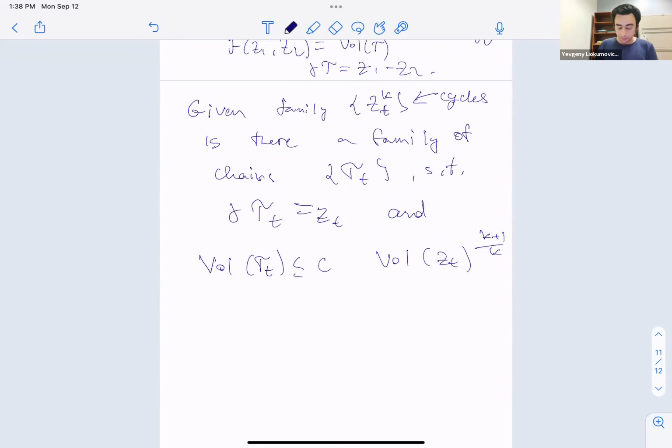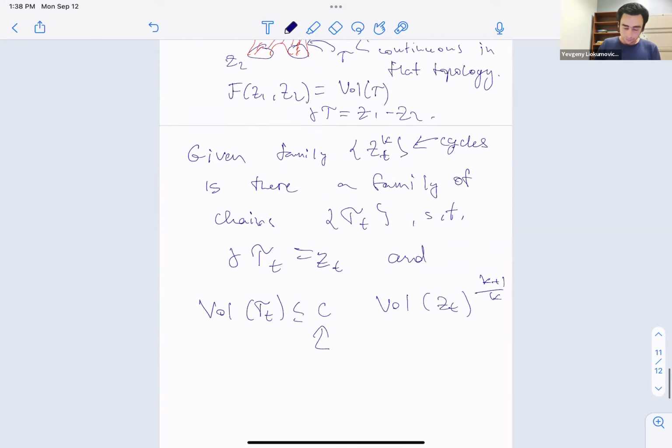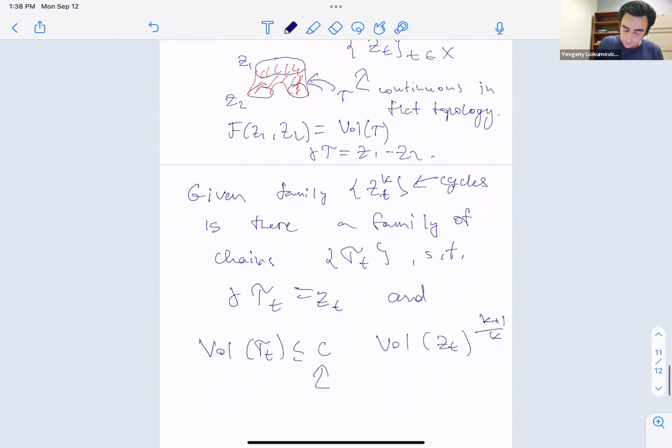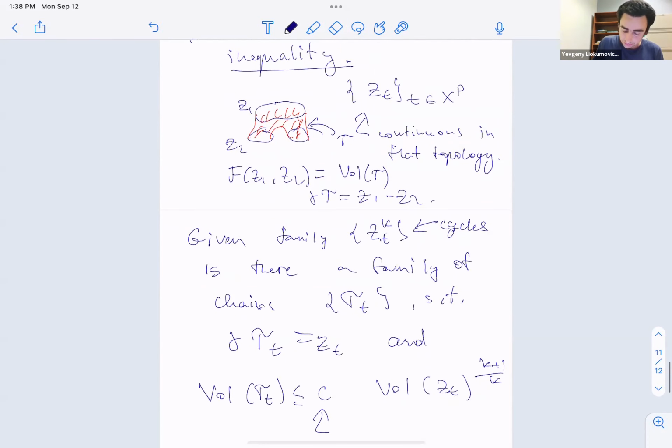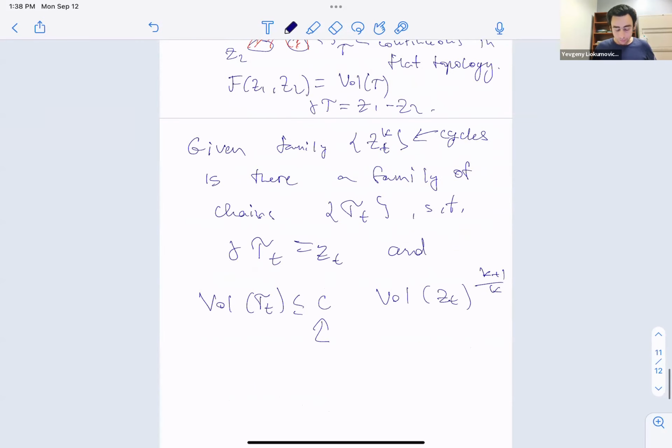Now, the main question here is really about this constant c. If our parameter space is p-dimensional, then it's not hard to prove an inequality of this kind where this constant c depends on p in an exponential way. So something like 10 to the power of p or 2 to the power of p comes into this bound.